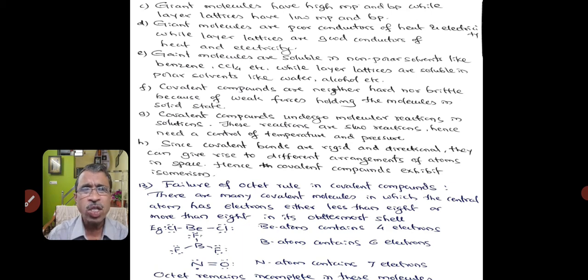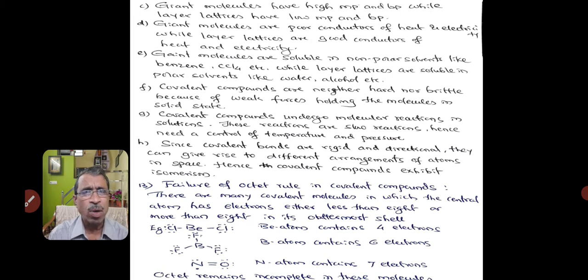In contrast to this, there are many covalent molecules in which the central atom has either less than 8 or more than 8 electrons in its outermost shell. Let us take an example, beryllium chloride.